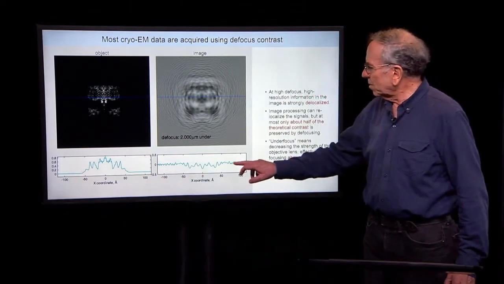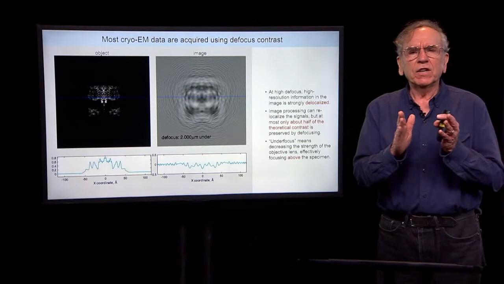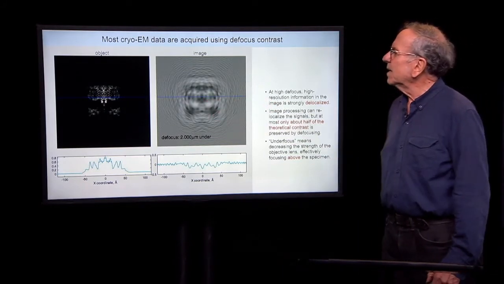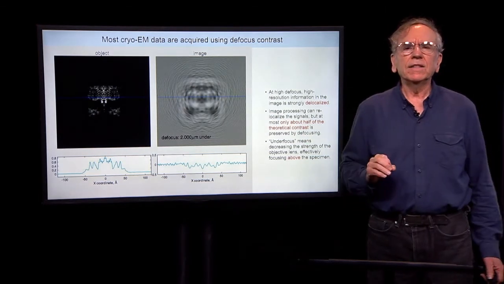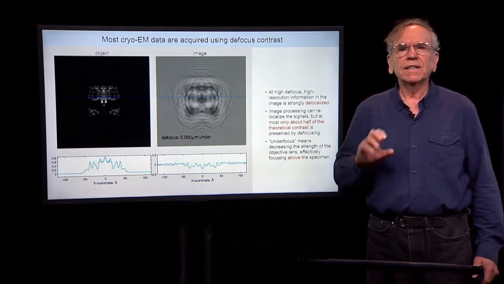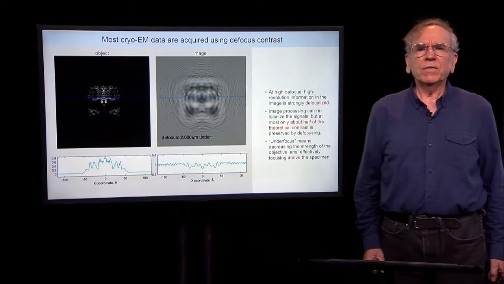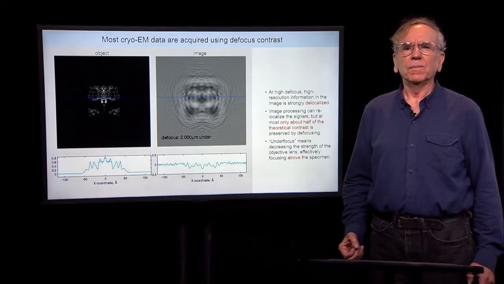angstroms, and our x-coordinate here, high frequency, high resolution information has been spread out, has been delocalized from the center of our particle. It turns out that this delocalization can be undone computationally, but in the end, we get less contrast than we could if we had a perfect phase contrast microscope.